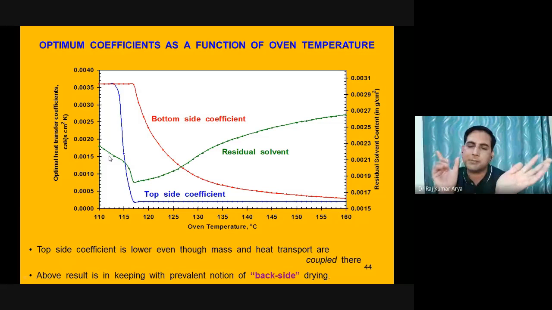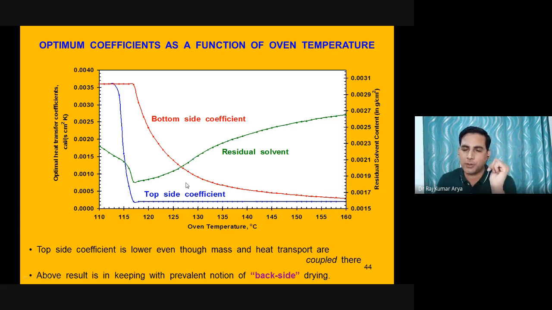I want to optimize my conditions of heat transfer, fixing the time. Now you are just playing with heat transfer. You have two heat transfer coefficients, one on top, one on bottom. You can make several combinations of that, and keep on finding the optimized value for each combination.